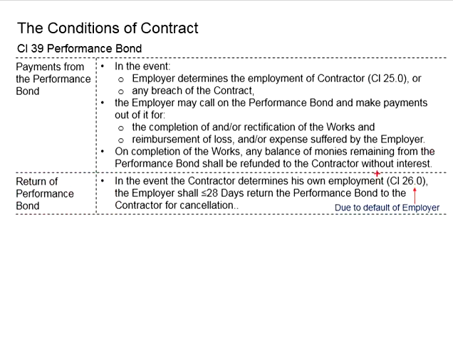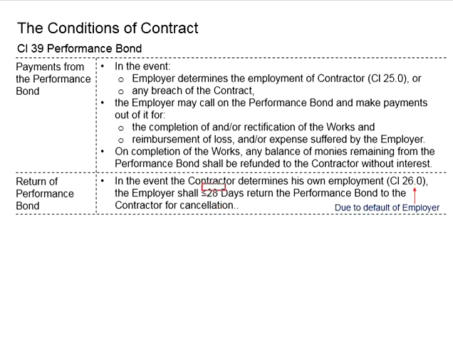Now we talk about the return of the performance bond. This one is related to clause 26, where the contractor determines his own employment. And when the contractor determines his own employment under the project, that means the problems come from the employer. Now when the troublemaker is the employer, the employer shall not be entitled to claim any money from the performance bond.